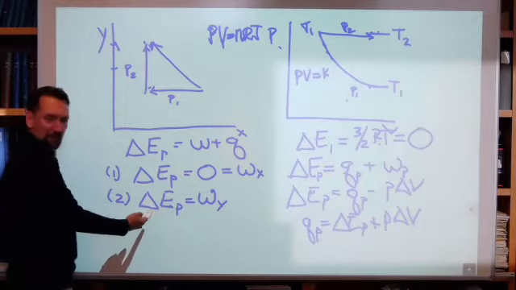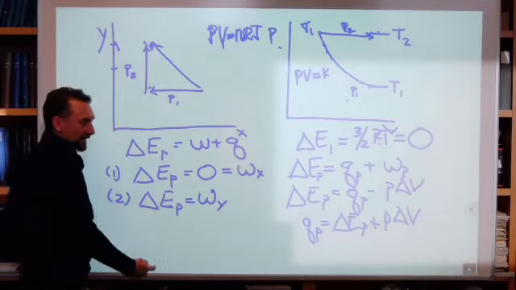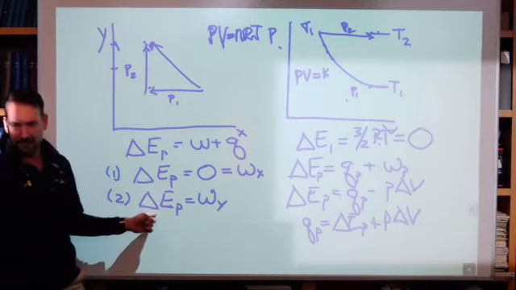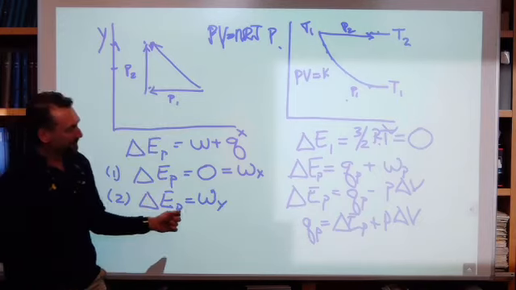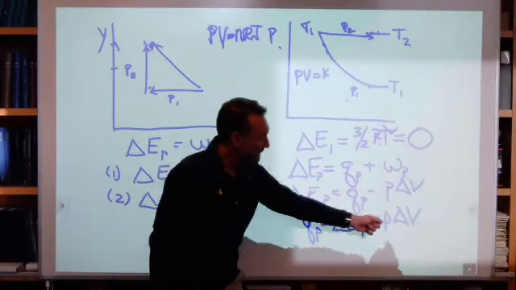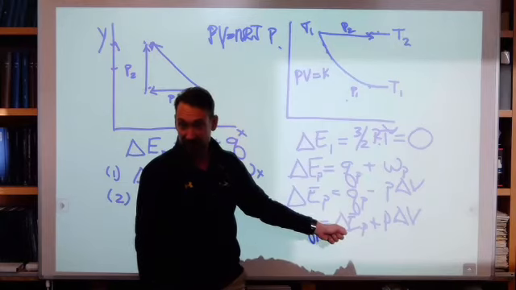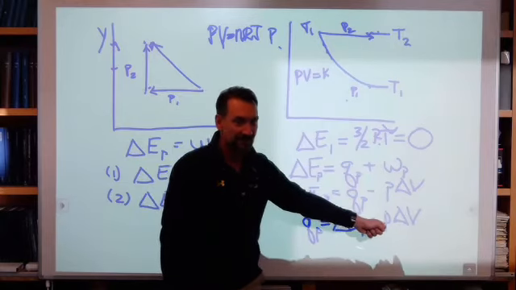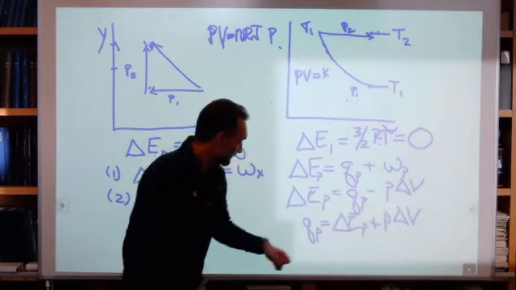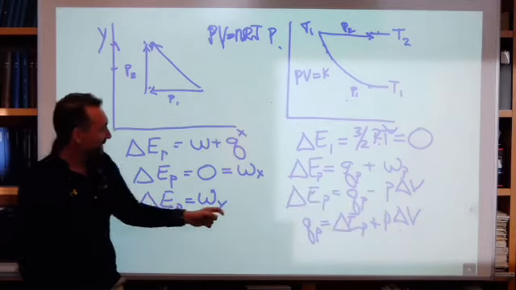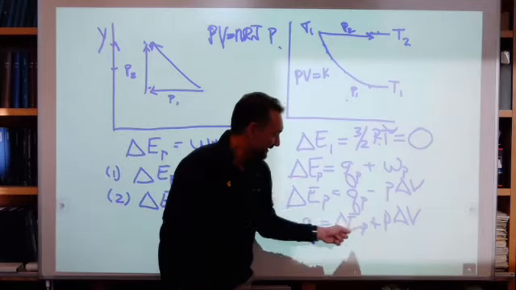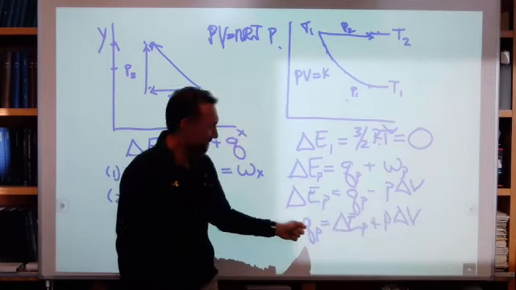The same thing I ended up doing over here. I expressed the heat in terms of only state functions. So now the heat, which is not a state function, I've expressed in terms of state functions. Energy is a state function. Pressure is a state function. So these are all state functions. And if I can express the constant pressure heat as state functions, then this must be a state function.